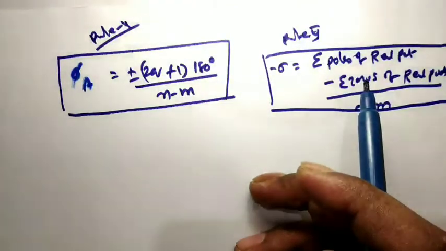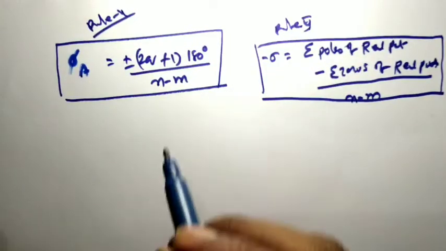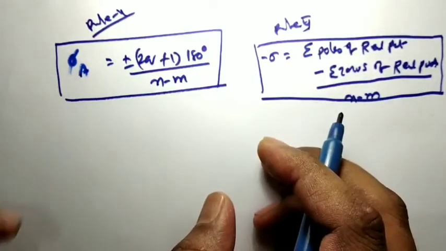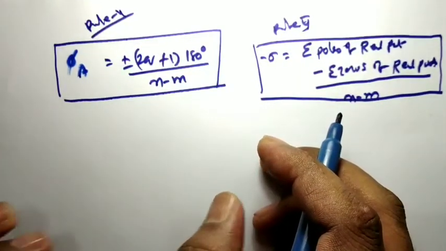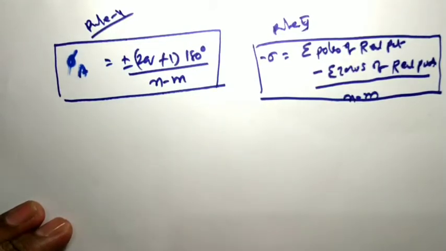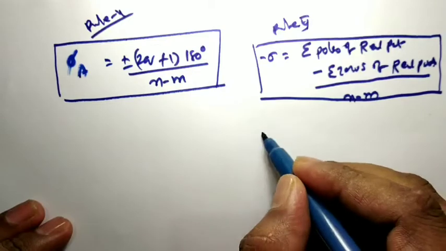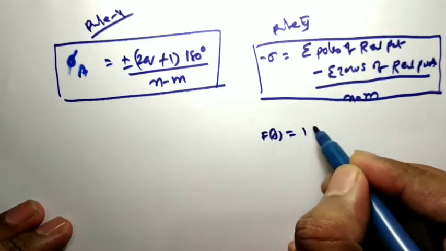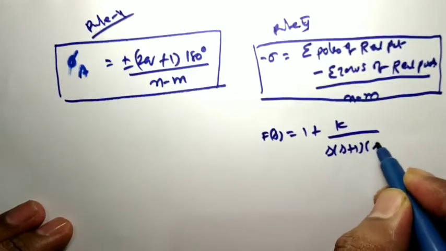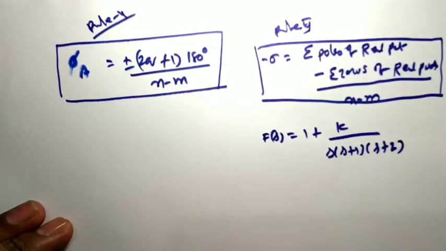To draw the asymptotes we need the centroid also. So we find it from the given equation. What is the given equation? The given equation is F of s is equal to 1 plus K by s into (s plus 1) into (s plus 2).